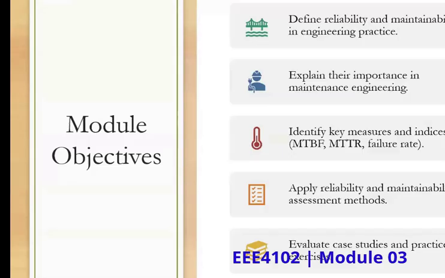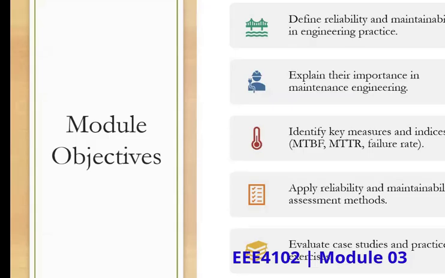And the objectives of today's module, I expect by the end of this lecture you to be able to define what reliability and maintainability are and understand the importance in your field, and also to be able to identify the key measures for both concepts.